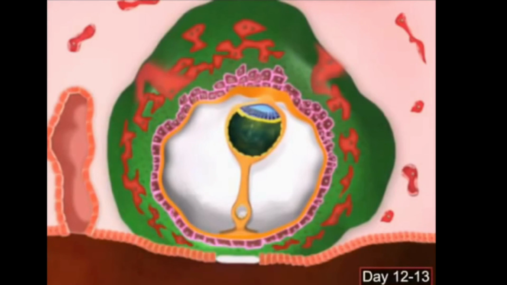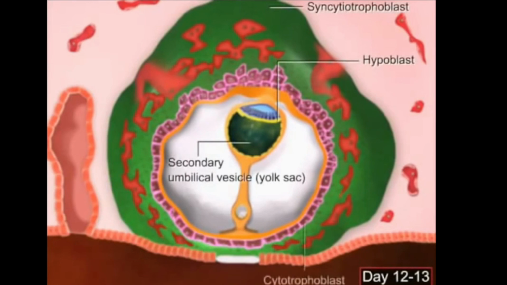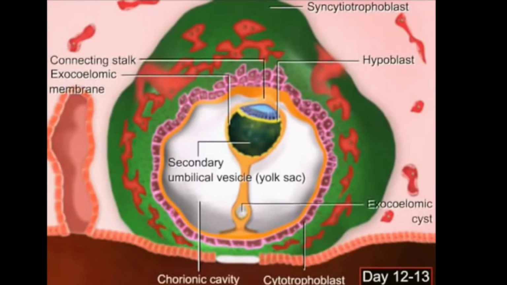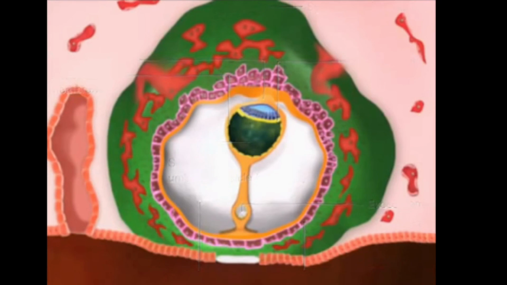At the end of the second week, we will have syncytiotrophoblast, epiblast, hypoblast, secondary yolk sac, connecting stalk, chorionic cavity, and cytotrophoblast.